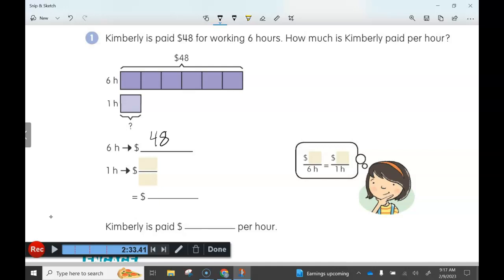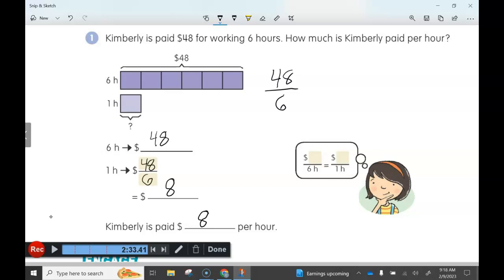So we can see, if we're trying to figure out how much it is per hour, we take our $48 and we divide by however many hours that we work. So we take 48 divided by the 6 hours, and that's $8. So we can see that Kimberly is paid $8 per hour. Okay, so one example here, we have $48, again, 6 hours.